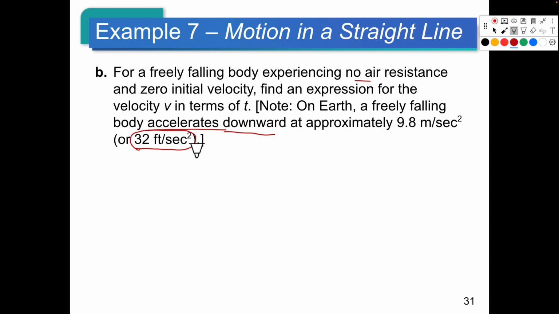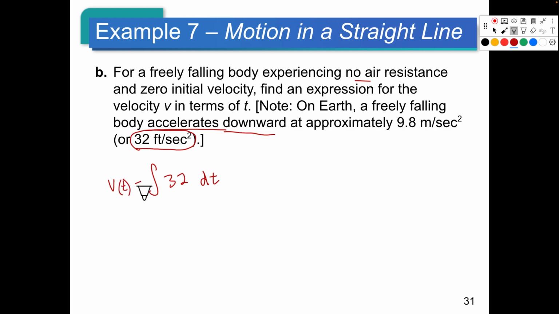Velocity would be feet per second. So again, what we're doing, it's a constant. So we're integrating 32. What should we use? dt? Why not? And this is going to give us velocity.